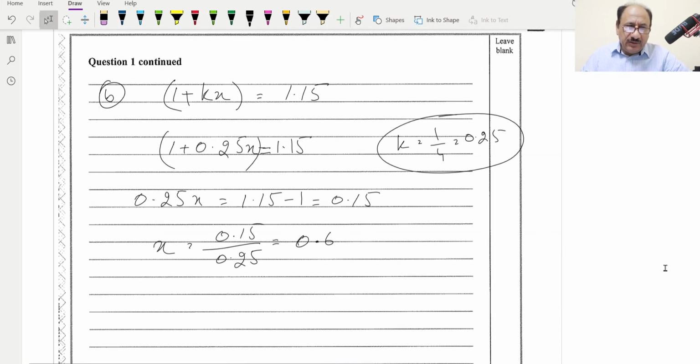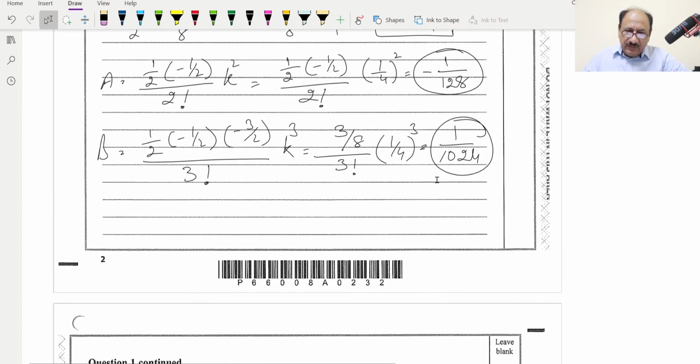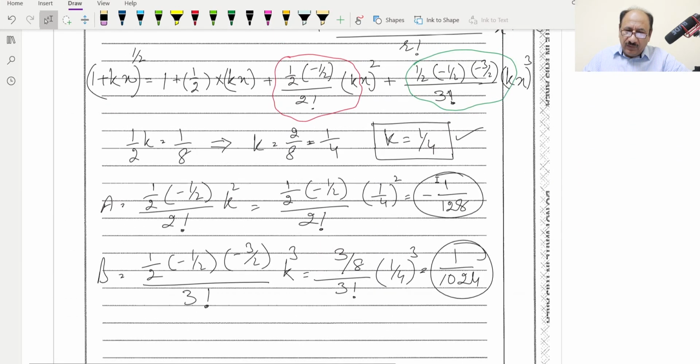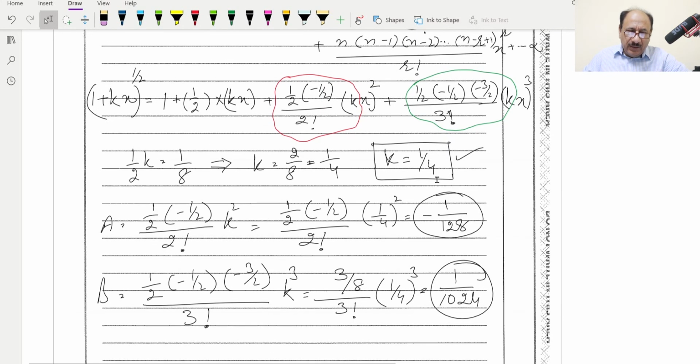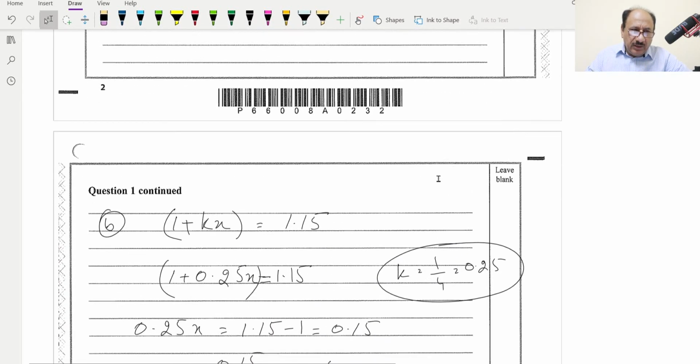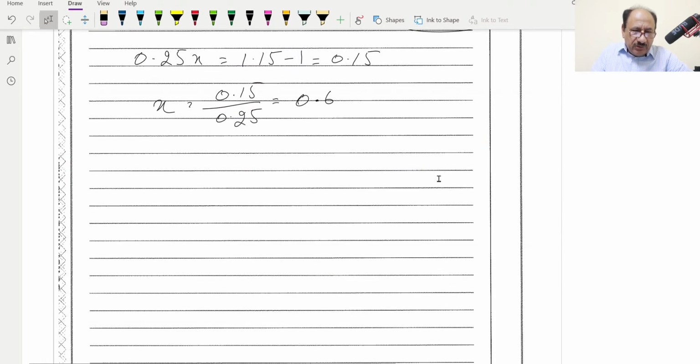0.6, which we can replace in this expansion which we have finally done, which is 1 plus 1 by 8, k value is 1 by 8. So we will write the expansion of this one. So this implies the expansion of 1.15 is equal to what? 1 plus 1 over 8 into x, and x value is 0.6.